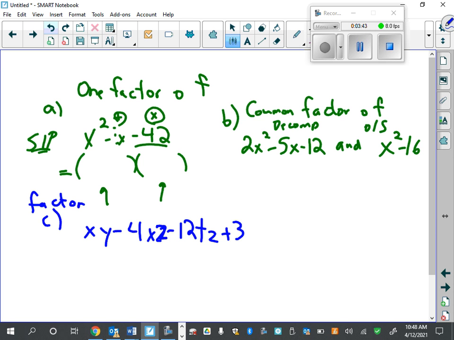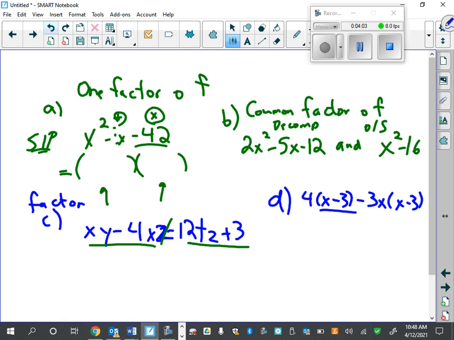So just slice and dice that one and take the GCF of the first 2 terms and the GCF of the last 2 terms. D, you guys can certainly look into your books to do these questions. Factor this one. This is the last step of decomp. Just take it out and write down the leftovers into the second bracket, whatever's not x subtract 3.